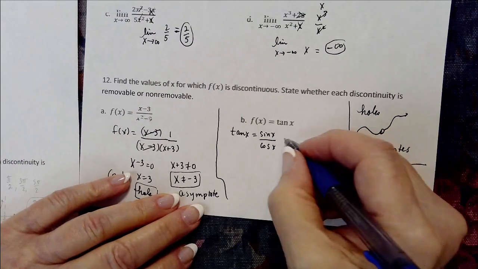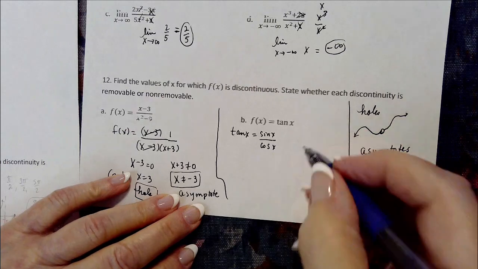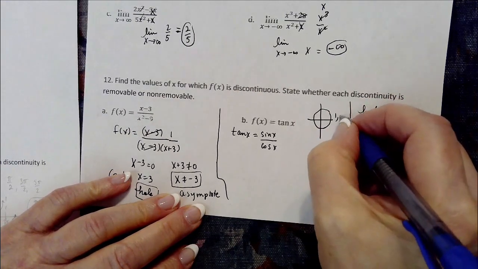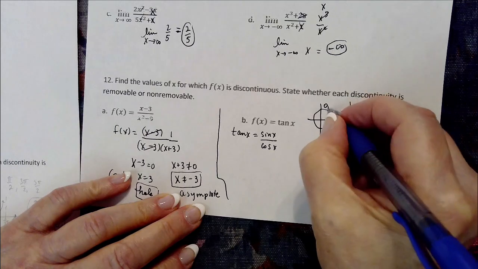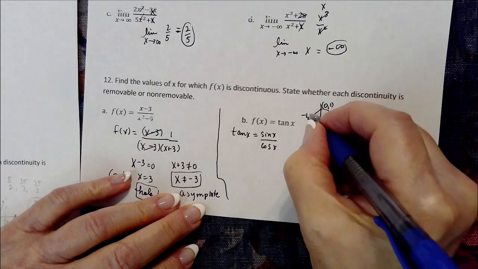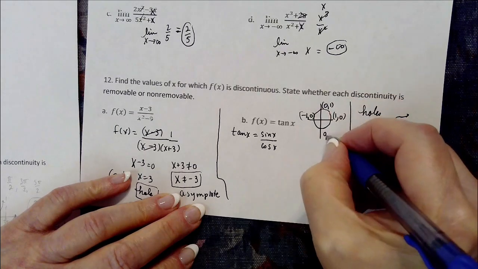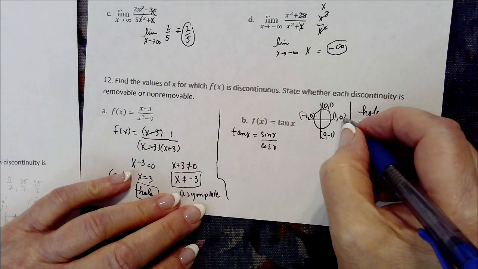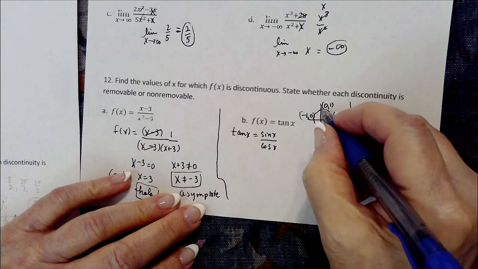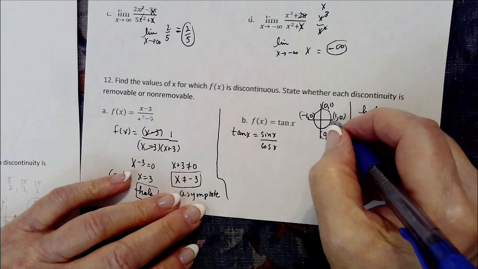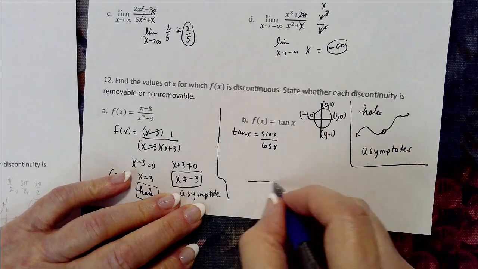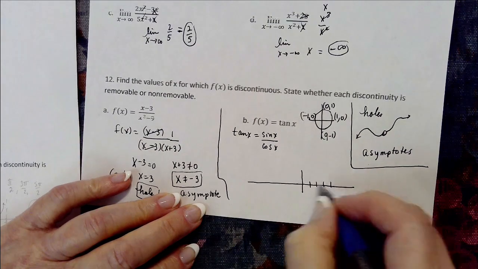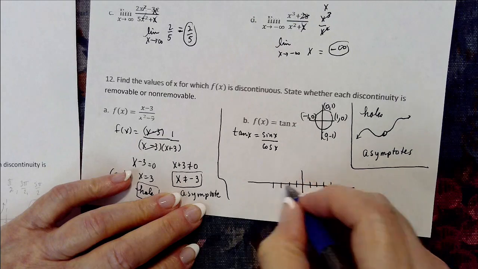So we know that the sine and the cosine on a unit circle are 1, 0, 0, 1, negative 1, 0, 0, negative 1. And these are the coordinates for 0, pi over 2, pi, 3 pi over 2, and 2 pi. So we're going to graph going both directions.